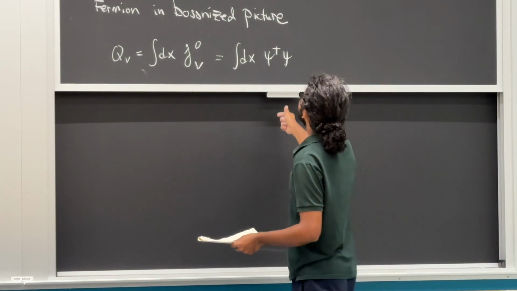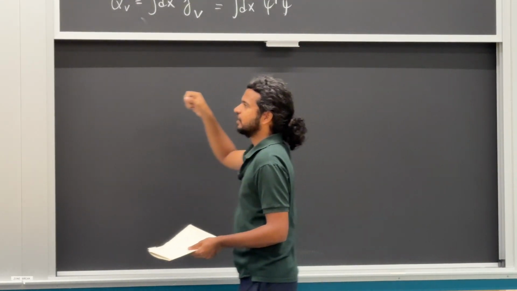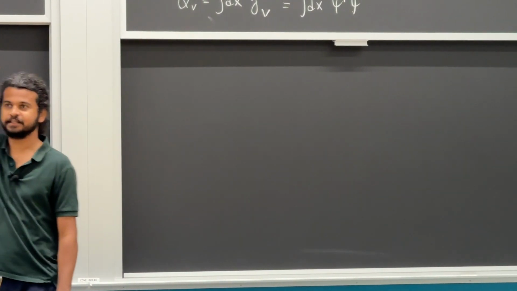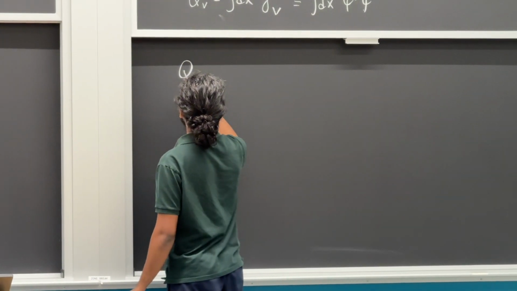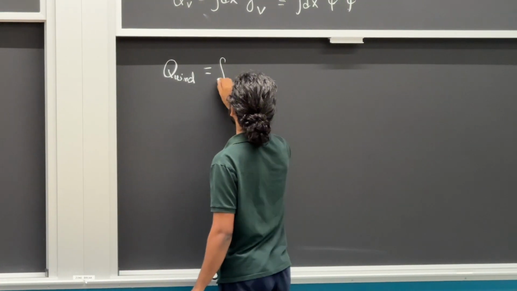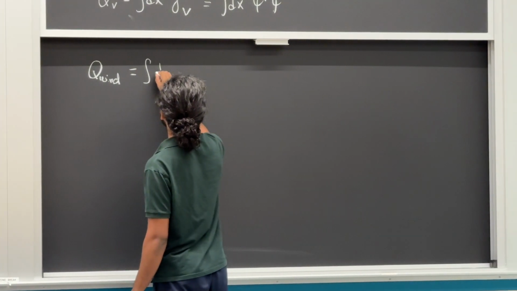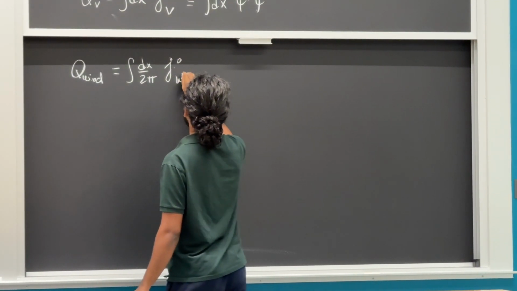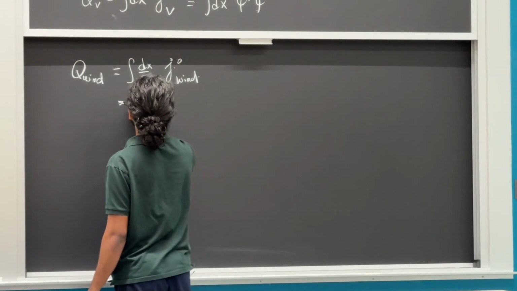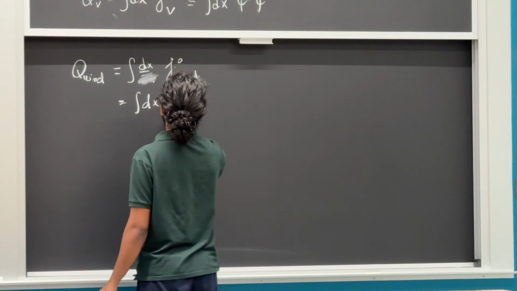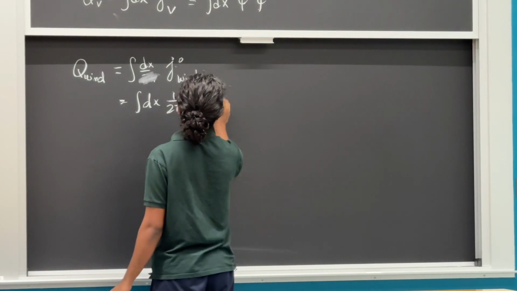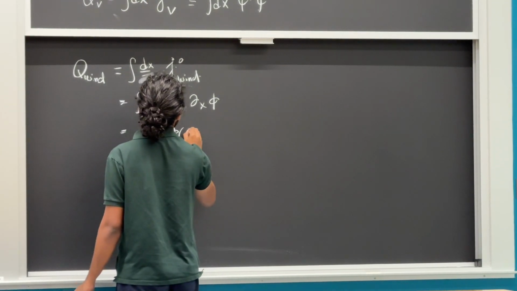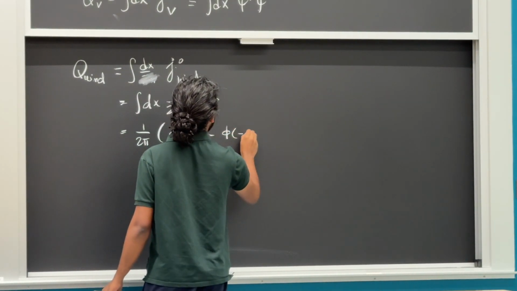Then that should map to a boson configuration with winding 1, right? So let's remind ourselves what Q wind was. Q wind is 1 by 2 pi integral dx J0, which is 1 by 2 pi integral dx dx phi. So that is 1 by 2 pi times phi at plus infinity minus phi at minus infinity.